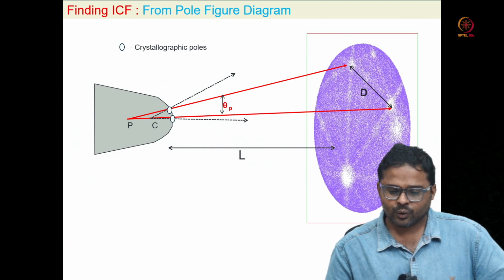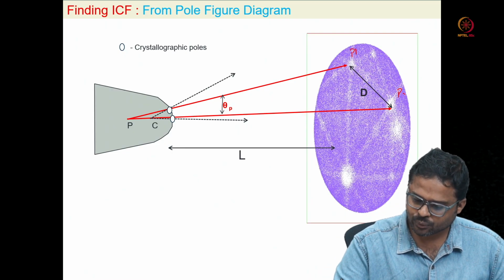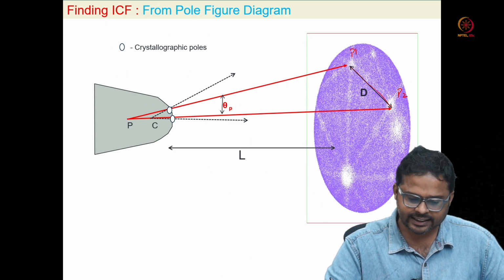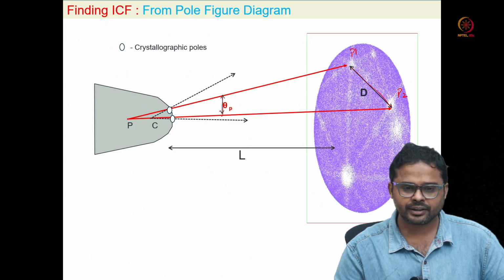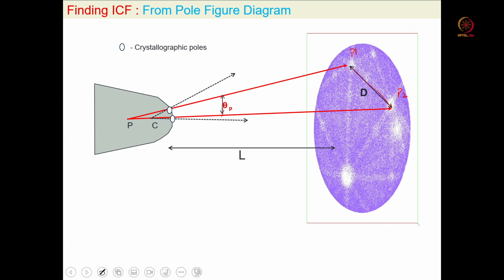Now, if there are two poles P1 and P2, and the distance between these two poles on the detector is d, the angle between these two is related to theta p, the projection angle. But you know that P1 and P2 have some crystallographic orientation and a definite crystallographic angle, which can be deduced mathematically by cos theta.